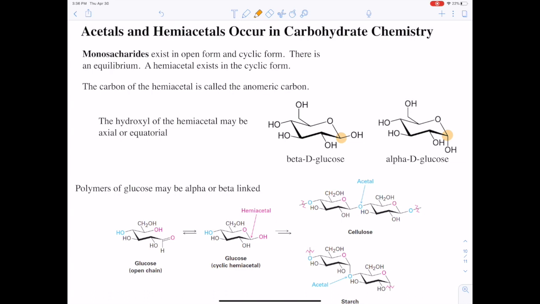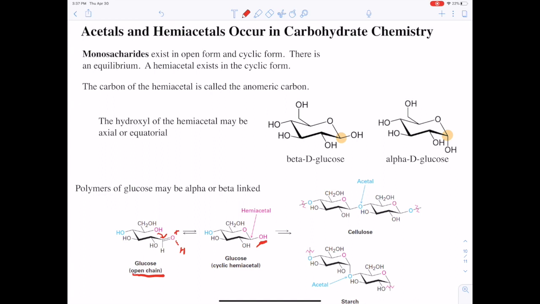So you see down here, this is the open chain form, and if you protonate this oxygen, that makes it a better electrophile, and this oxygen will then attack that carbonyl carbon, and the OH of the hemiacetal can be up or down, and that's where we get alpha and beta.